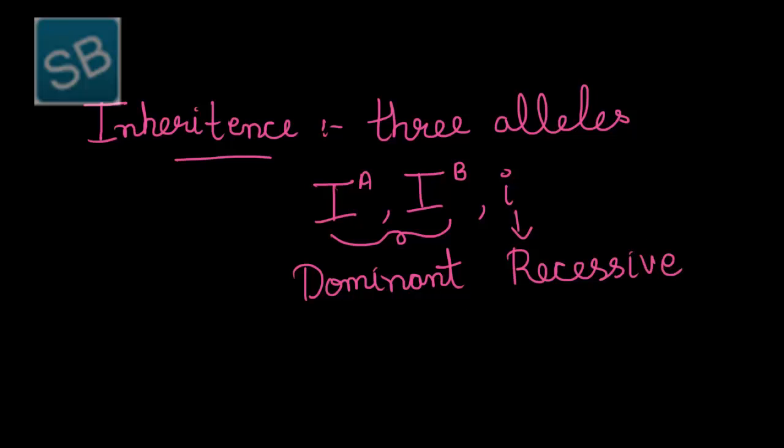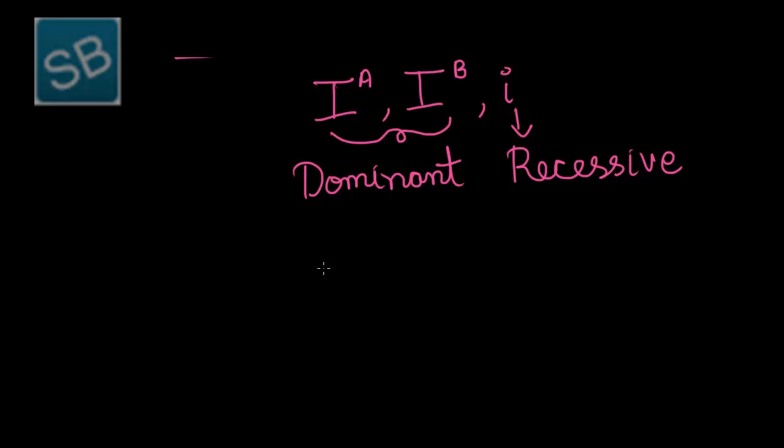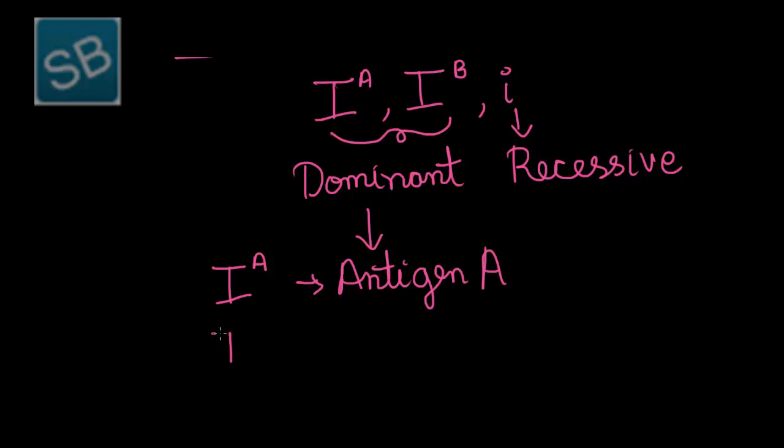Therefore, the dominant alleles respond to the antigen. IA codes for antigen A, while IB codes for antigen B. Correspondingly, on the basis of the presence of antigen, the blood group can be decided: antigen A represents blood group A, while antigen B represents blood group B. Similarly, the recessive allele i is considered a non-producing gene and therefore represents the antibodies.